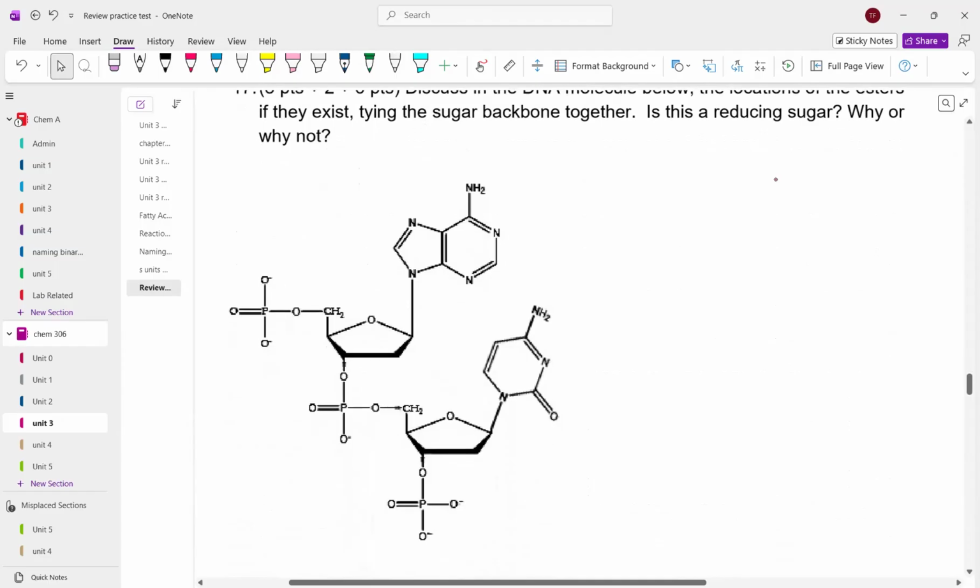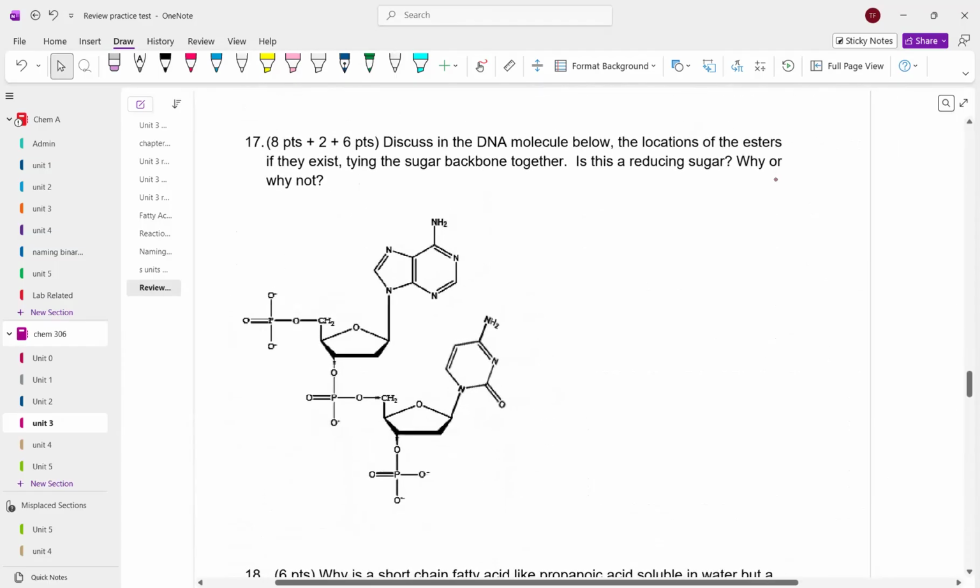Okay, so here we have a DNA molecule. Not a very long one, but so esters. Now, this does not have any carbon esters. It's got phosphorus esters. Phosphorus is an acid bonding to an alcohol. So here we've got one ester.